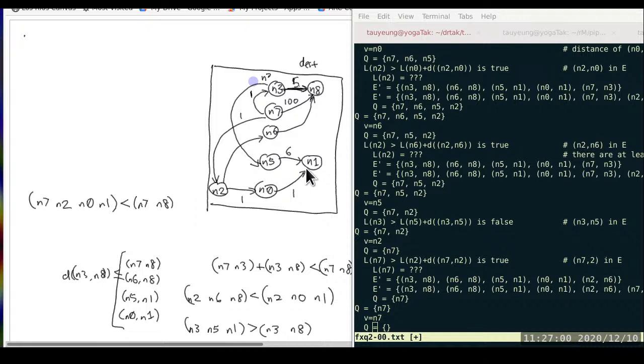That doesn't make sense because n2, n6, n8 is actually going to be an even shorter path, but that was not explored first. Okay, so I might have taken my notes wrong here. So n2, n6 is the last one that we explored out of n2.